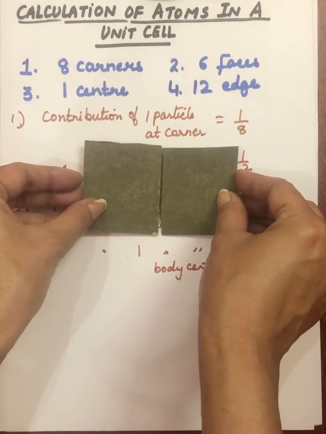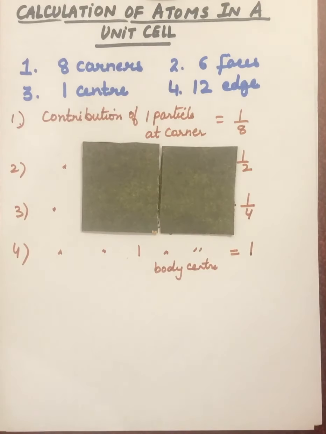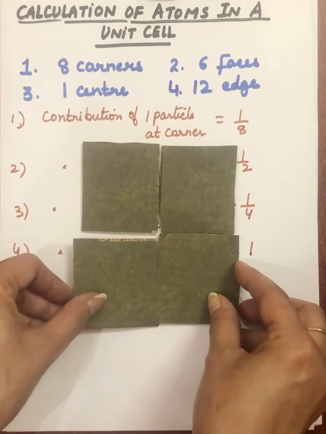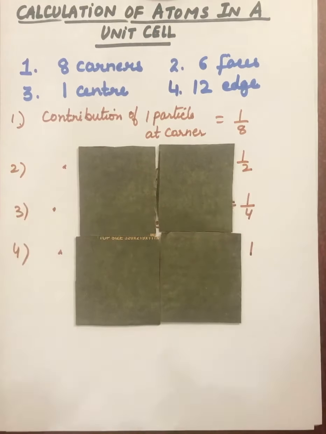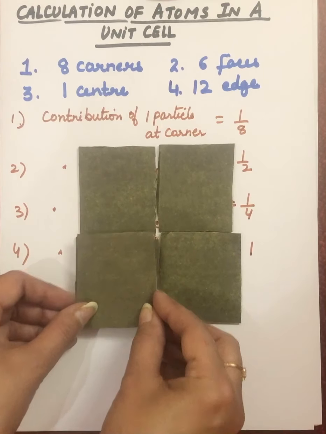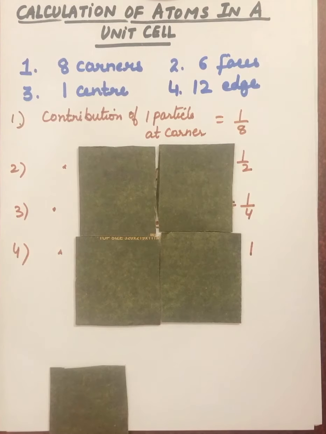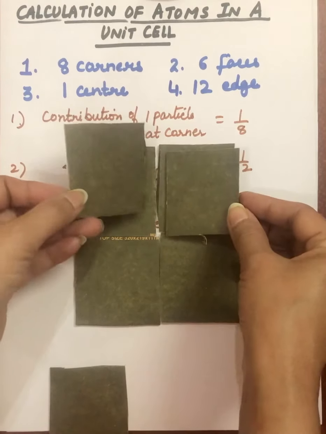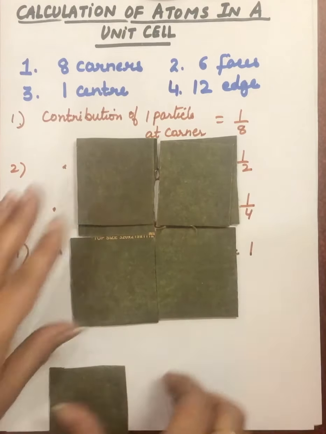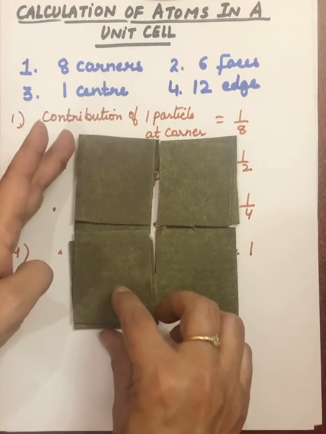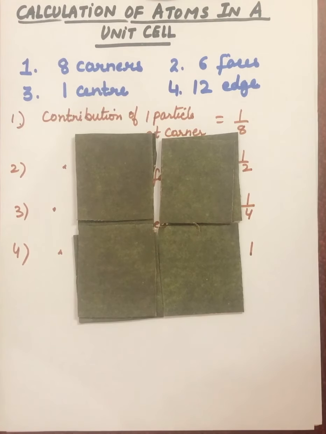I can't take 8 boxes here, so I'm just taking these flat squares only, but understand that these are actually your cubes. 4 cubes I'm keeping like this, and 4 cubes I'm keeping on the top of this, like we have drawn the space lattice. Similarly here we are taking up the 8 unit cells.